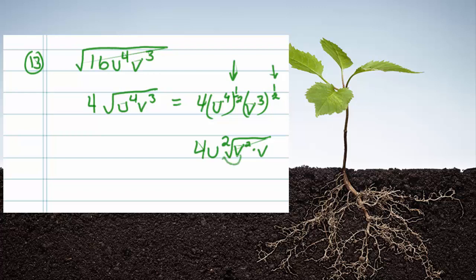If I take the square root of v squared, that's going to simplify to v, so it will come out of the radicand, and we're left with 4u squared times v times the root of v.